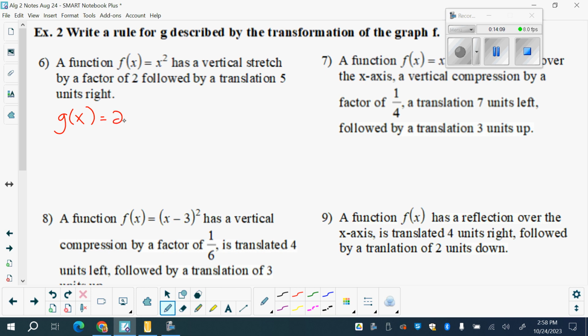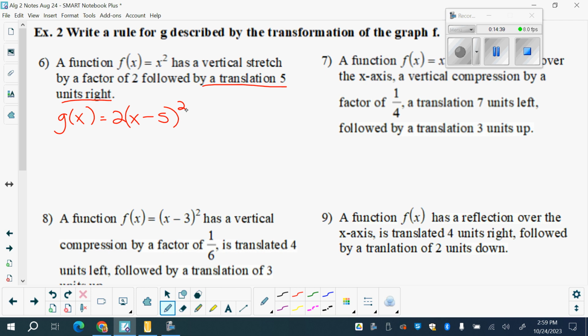Yeah, before the x squared. So it's 2, and then I'm going to also do a translation 5 units right. Where would I put the 5 units right? In parentheses. So is it plus 5 or minus 5? Minus 5. Remember, it's opposite. So 2 times x minus 5 squared. Because it says write a rule for g described by the transformation of the graph f.